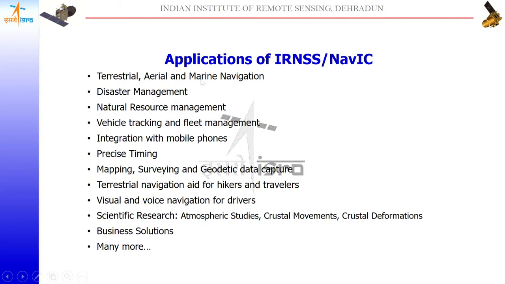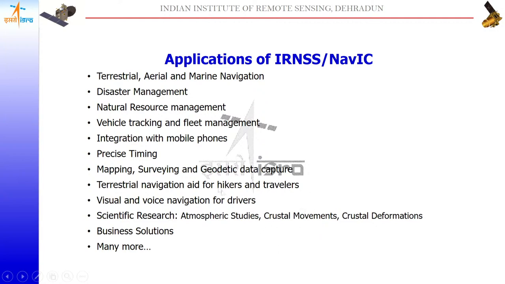Terrestrial, aerial, and marine navigation, disaster management, natural resource management, tracking, fleet management, integration with mobile phones, precise timing, mapping, surveying, and geodetic detail capture, terrestrial navigation aid for hikers and travelers, visual and voice navigation for drivers, atmospheric studies, crustal movement, deformations, business solutions.